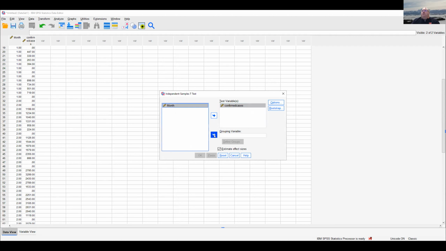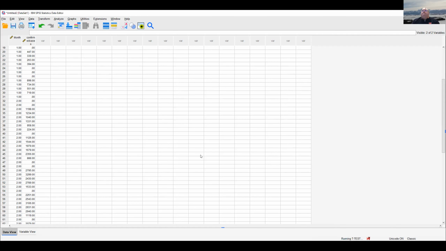And for the grouping variable, it's by month. So 1 and 2, right here. Let's do a quick options. We're doing the 95% like we did for the other one. And now we are going to run our data.